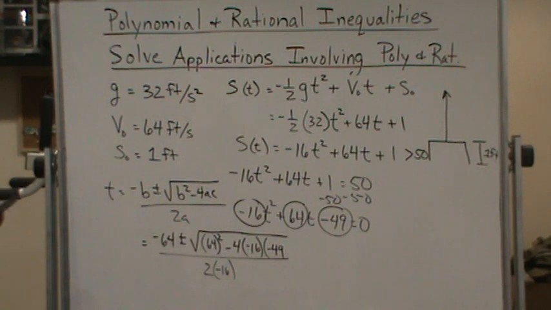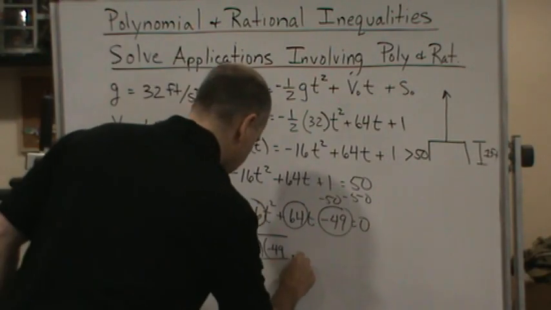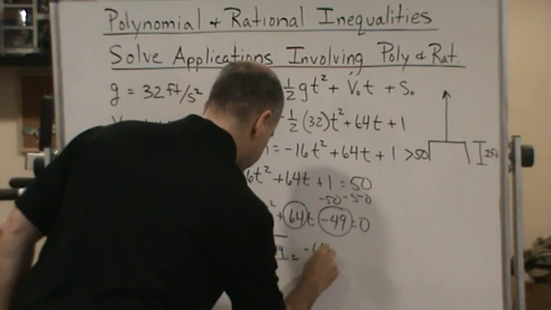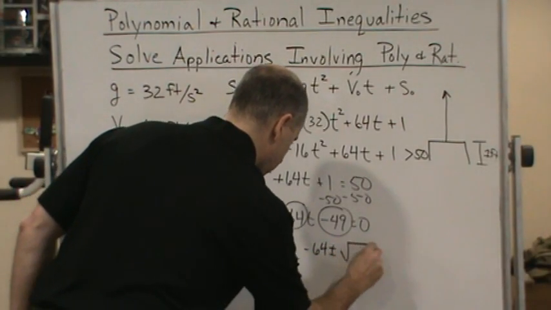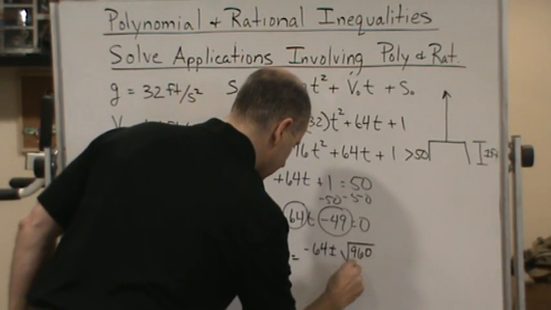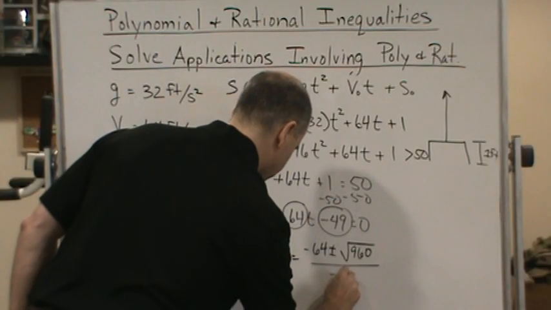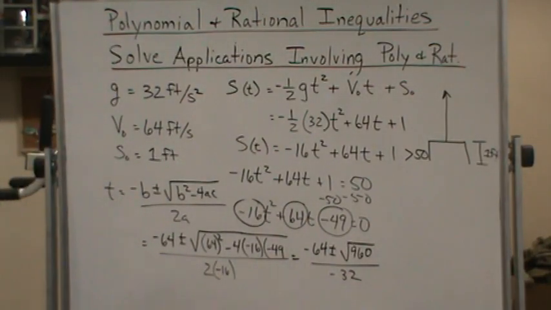So we get 960. So this gives us negative 64 plus or minus the square root of 960, over negative 32.